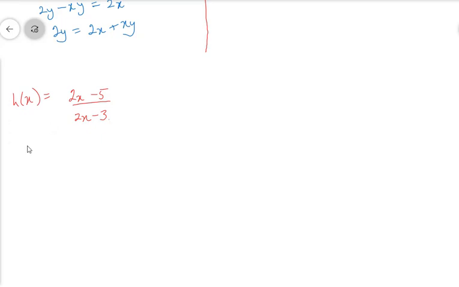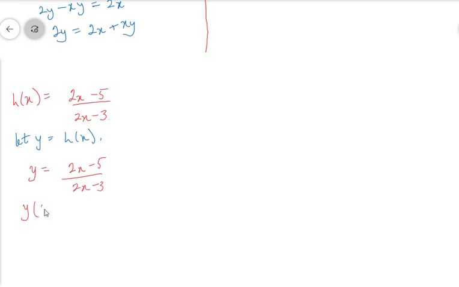Okay, welcome back. So with this one, I set the function to y. So let y be equal to h of x. If y is equal to h of x, I can rewrite this as y is equal to 2x minus 5 over 2x minus 3. Now I can cross multiply.